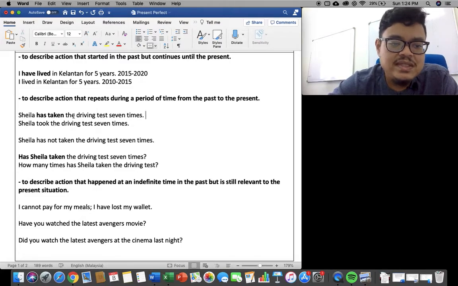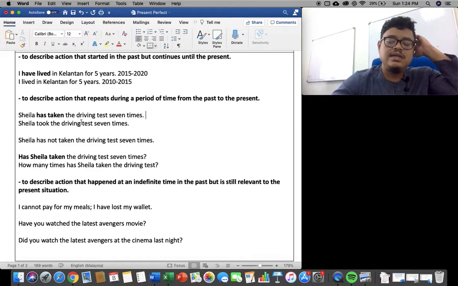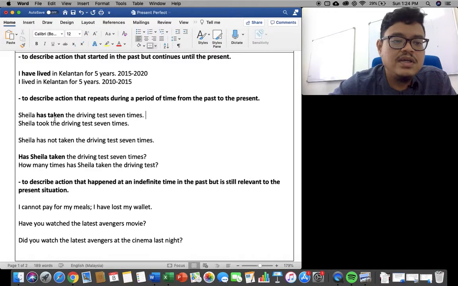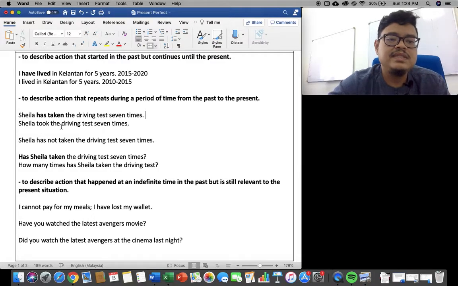So these two sentences are essentially the same except for the fact that the tenses used are different. The first sentence, Sheila has taken, is in the present perfect. Sheila took is in the past simple.